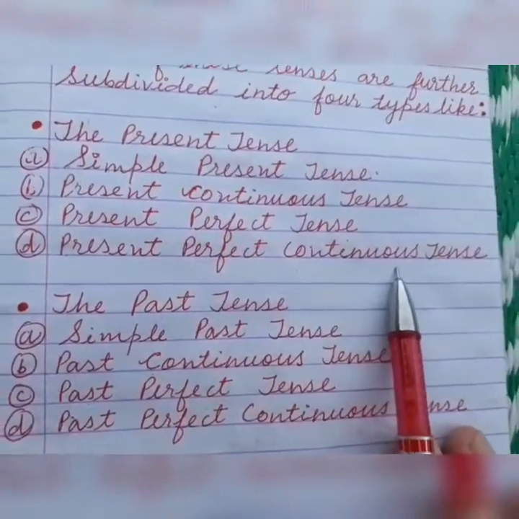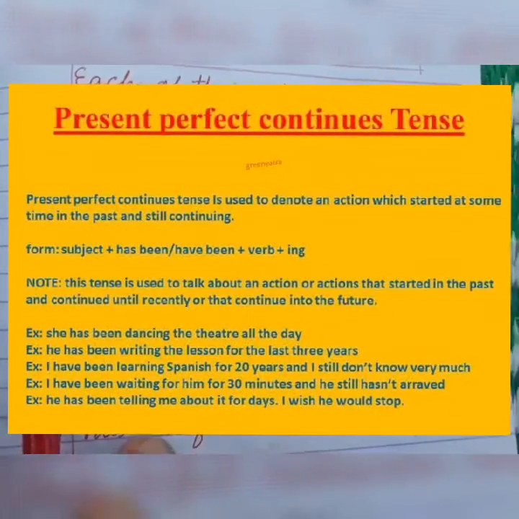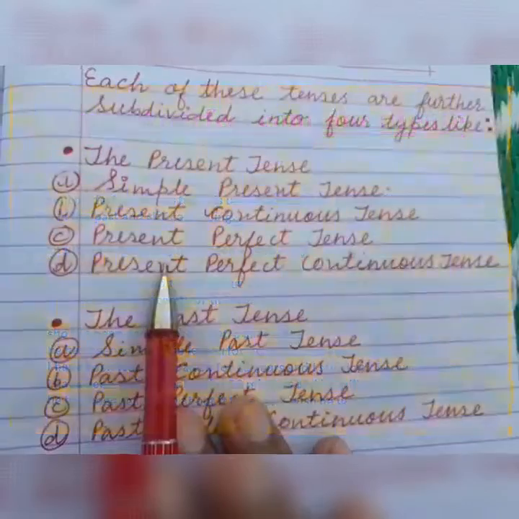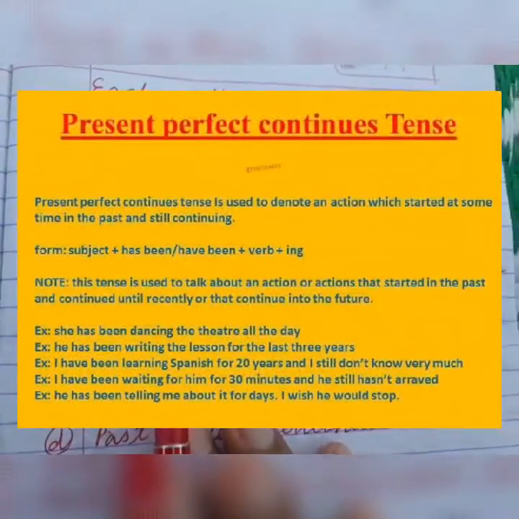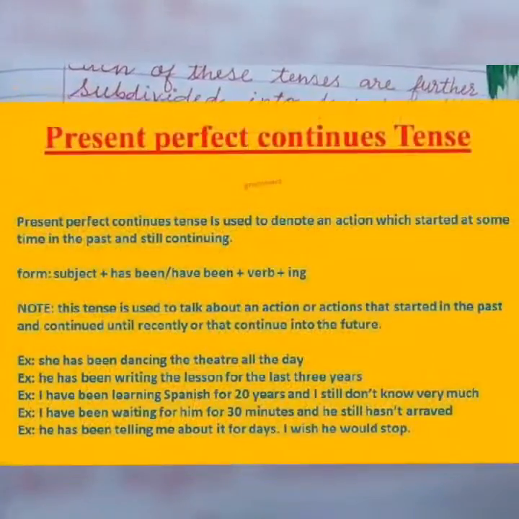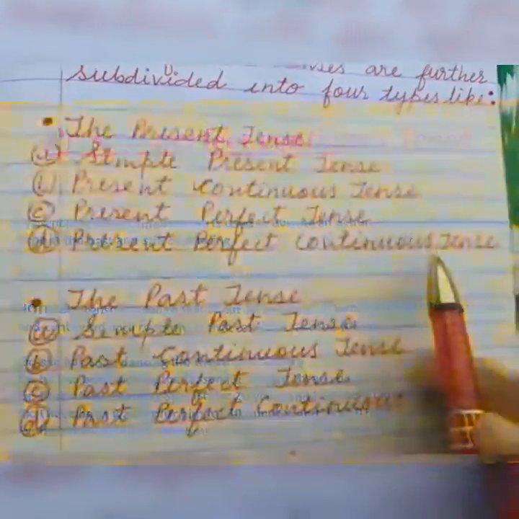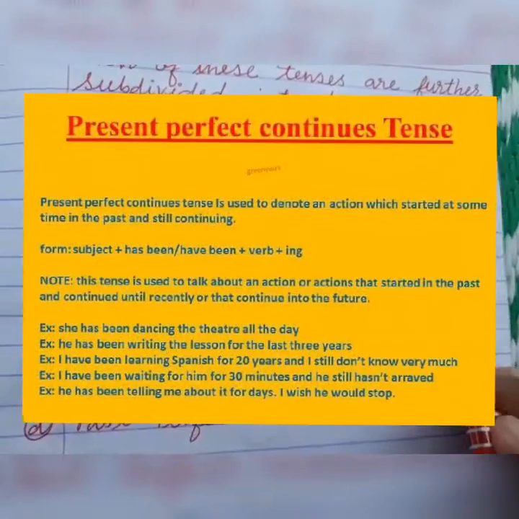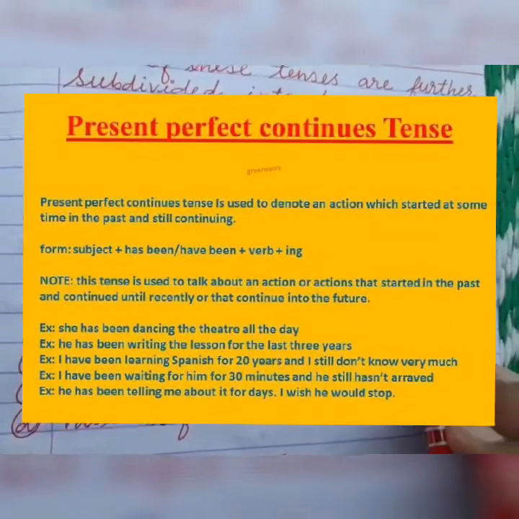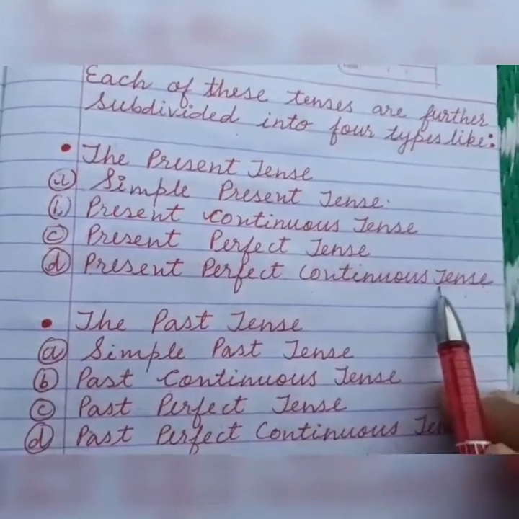And present perfect continuous: if any work was started at some time and is still continuing, with a denoted time, in this you use for or since. For is for a period of time, and since for a point of time. Is it clear?